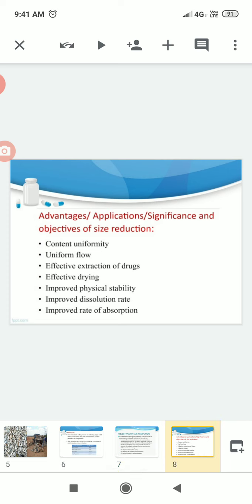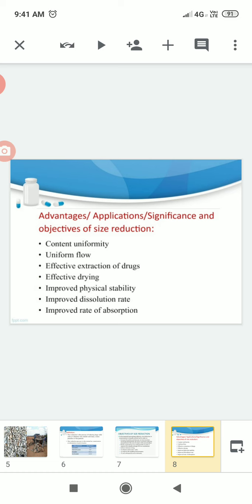Next, now the advantages, applications and significance of size reduction. What are the advantages? Like content uniformity, uniform flow, effective drying, effective extraction of drugs, improved physical stability, improved dissolution rate, improved rate of absorption.